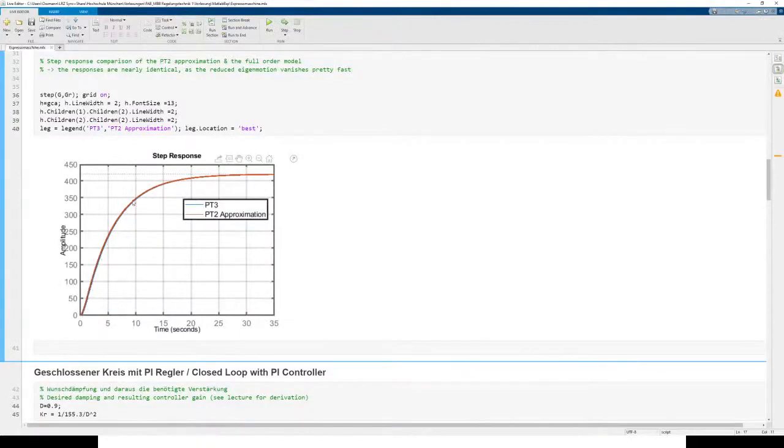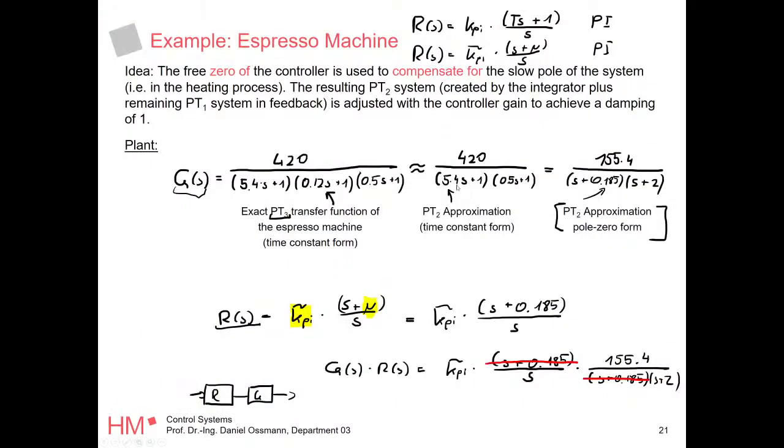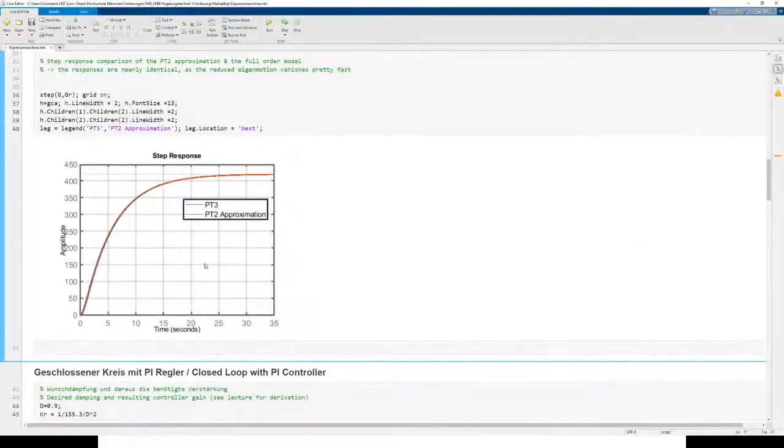The orange one is the PT2 system, and the blue one, you barely see it, is the PT3 system. So they are basically over each other. If you would have cancelled another pole, this would not have looked that nice, right? So here it's really okay to ignore that one because it's so fast compared to this one. Actually, also to this one. And you could see a little bit of the laggy behavior.